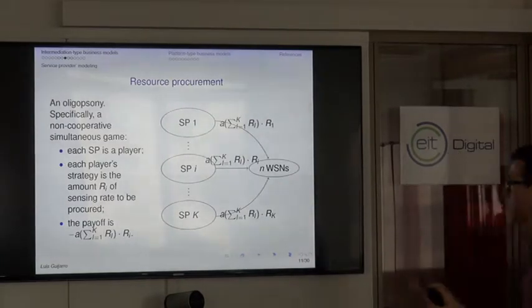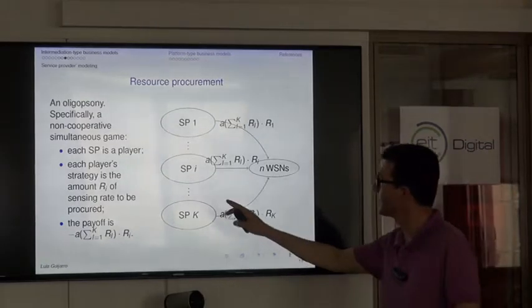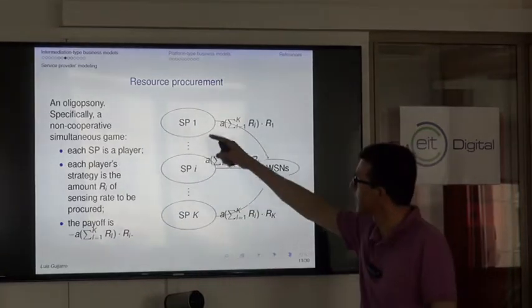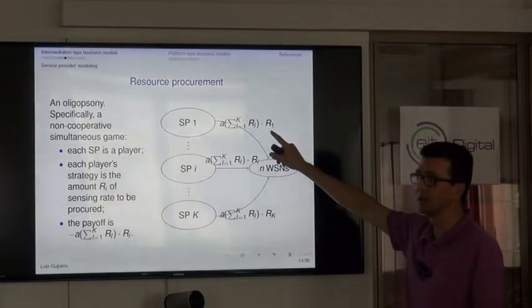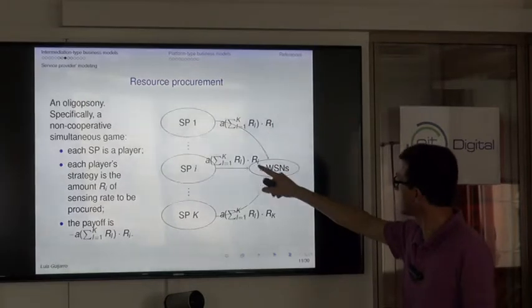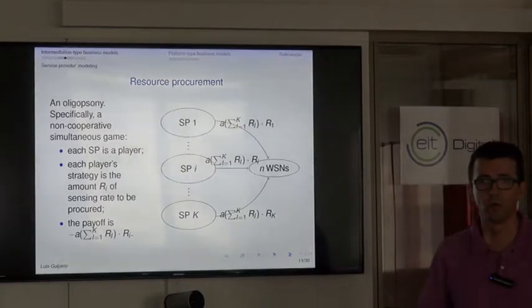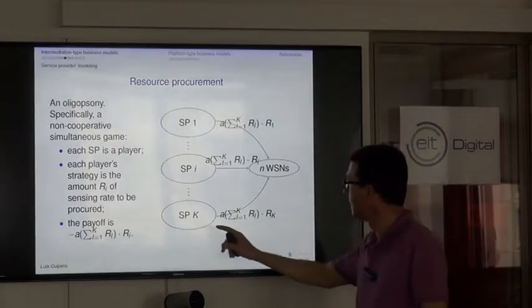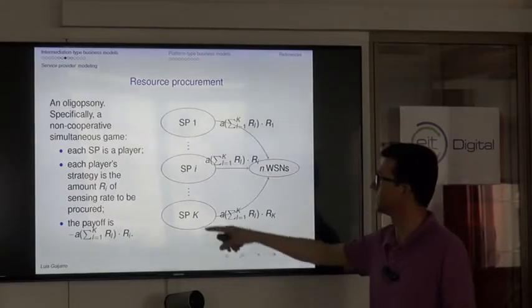So it should be analyzed using game theory, and this simple game will be basically one simultaneous game where each player decides which amount R1, R2, ..., RK will be needed for providing service to the users. And the total payoff will be minus the amount paid by each one of the SPs.